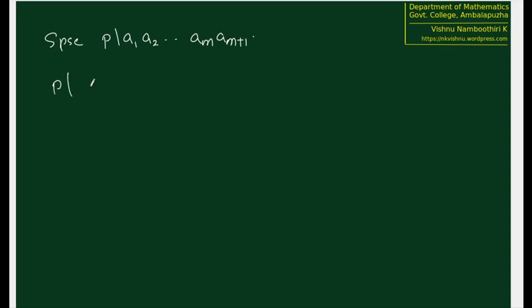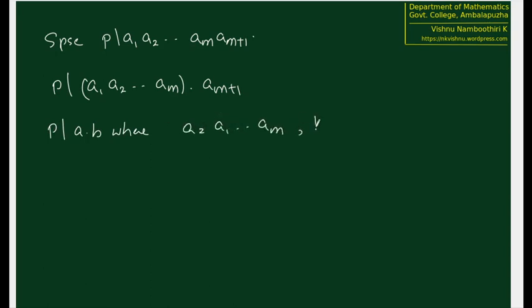P divides A1, A2, etc. Am, that is A, and Am plus 1. Now this is of the form AB. P divides AB, where A equal to A1 etc., the product of A1 A2 etc. Am, B equal to Am plus 1.